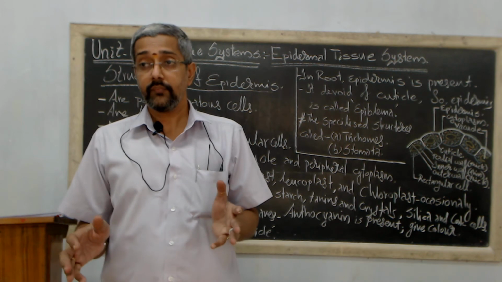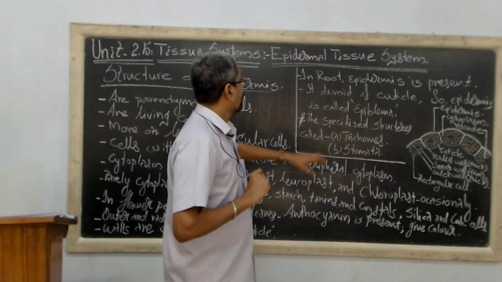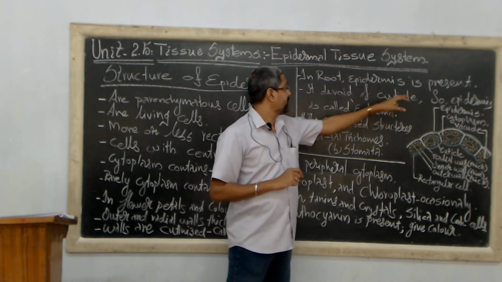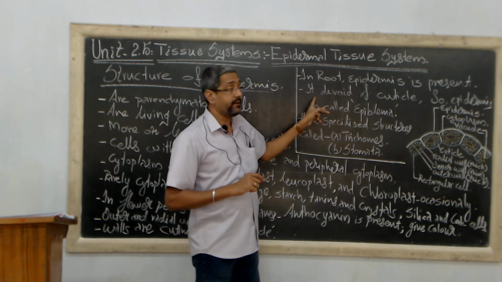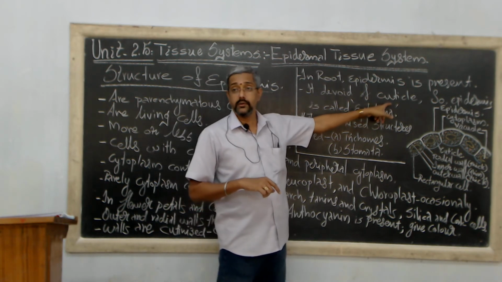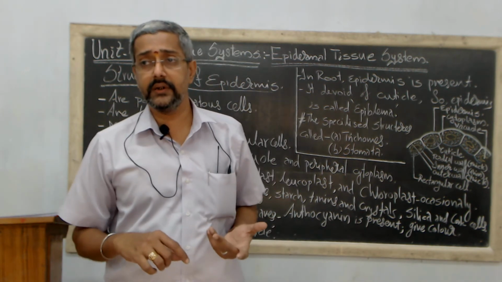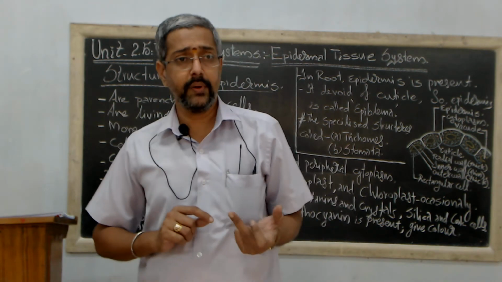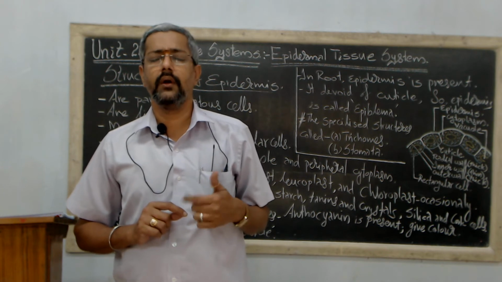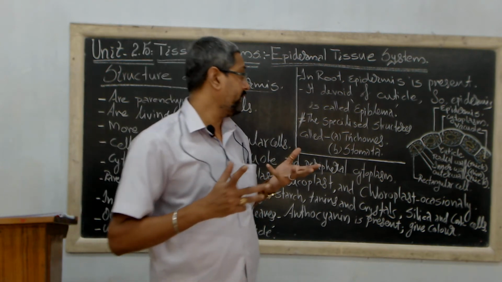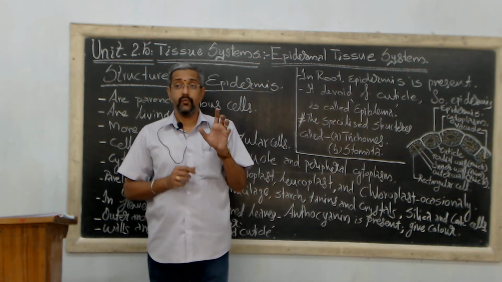Okay, so this is the nature of distribution and the structure of epidermis or epidermal cells in the entire plant body. But except in a root, in the root the epidermis is present, and here we can see it is devoid of cuticle. So except in root, all other parts of the plant body, either reproductive or vegetative parts such as leaf and stem, have outer layers containing the epidermal tissue system and epidermal cells with a cuticle or wax deposition.